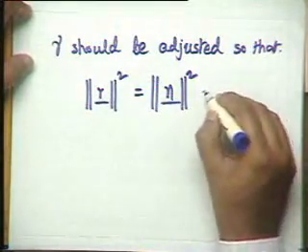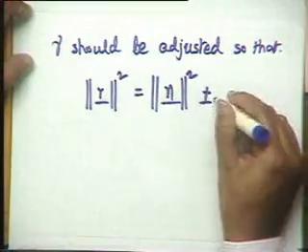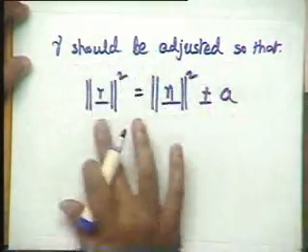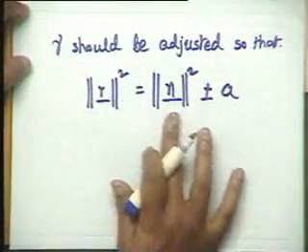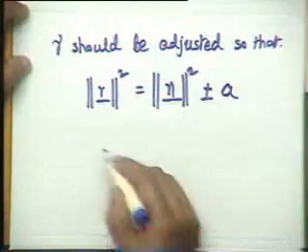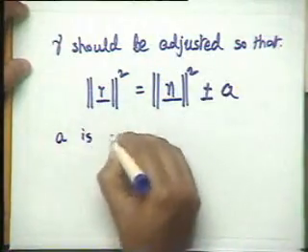It cannot be. So what should be the mathematical expression? We must define some accuracy factor A. So gamma should be adjusted so that r square equals n square plus minus A, where A is an accuracy factor.